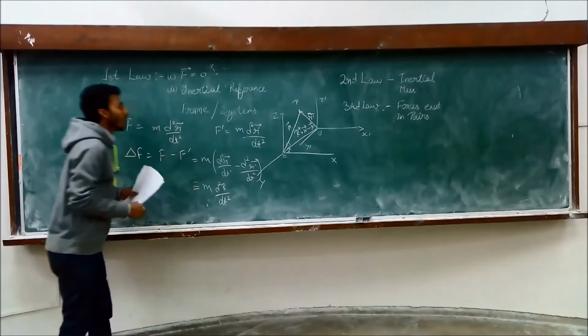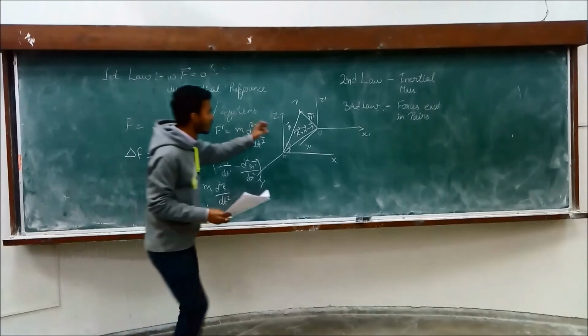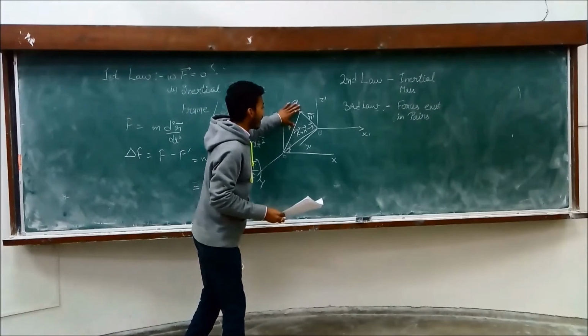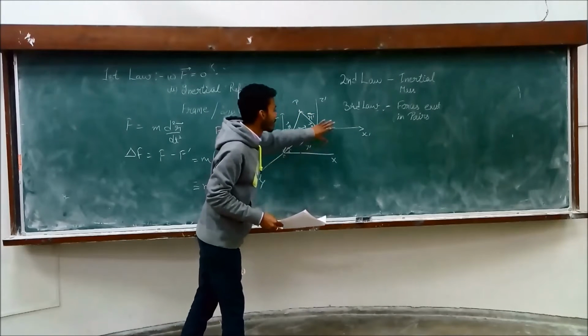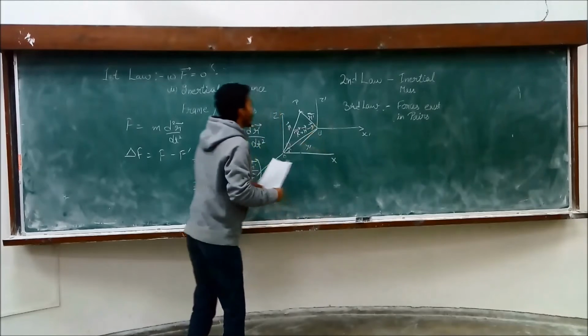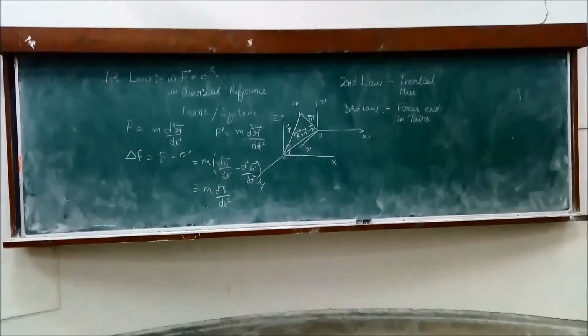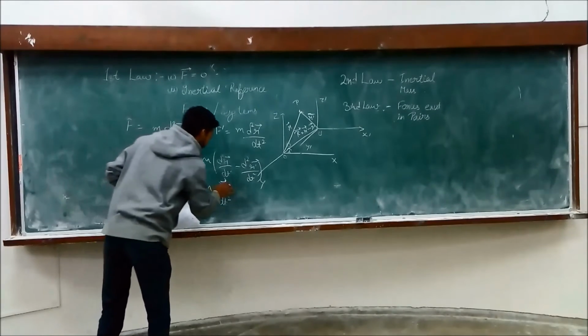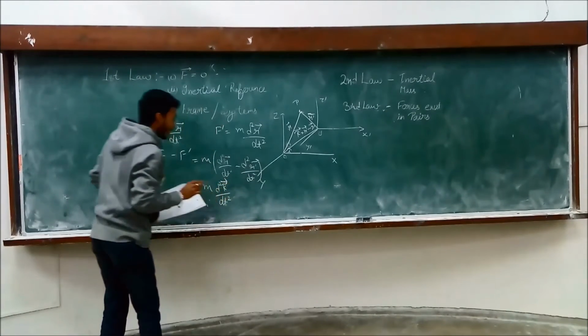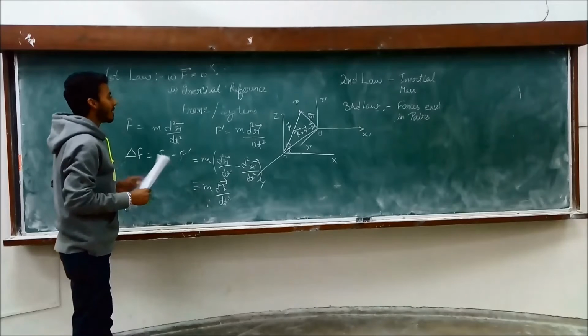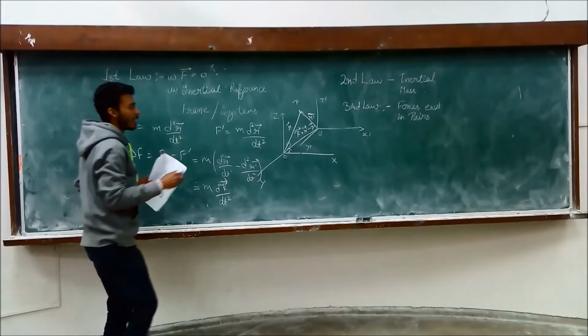In Newton's law, we should calculate the force on this point. If both frames are inertial, the force on this point would be seen in this. So we have to calculate.